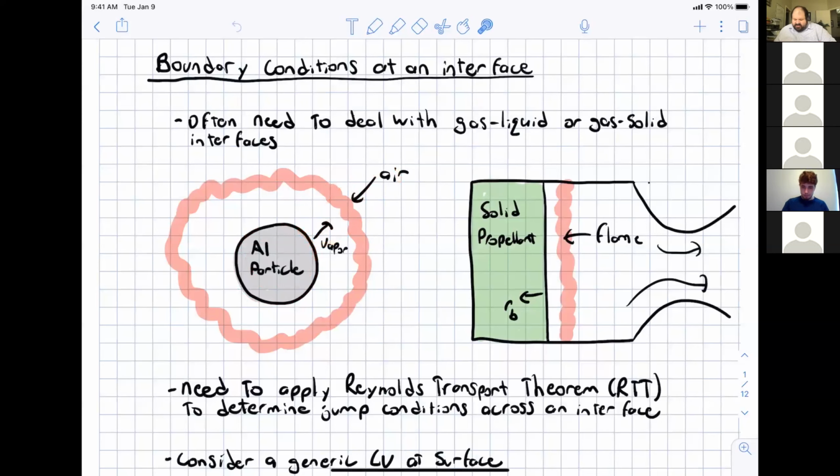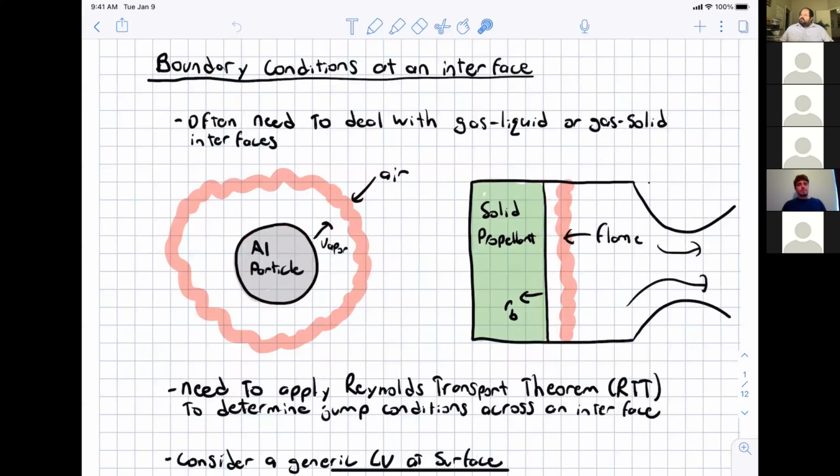And you have a similar issue if you are modeling solid propellant combustion, which will be one of your computer projects, where you have a receding solid surface that is basically burning backwards, and there are products coming off of it that are burning. So you would need to know how to handle this interface so that you get the species mass and energy correctly.